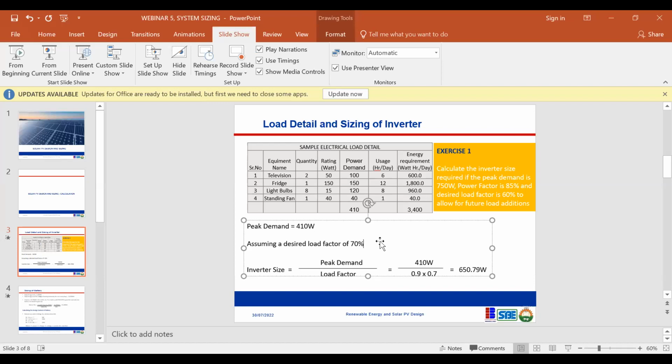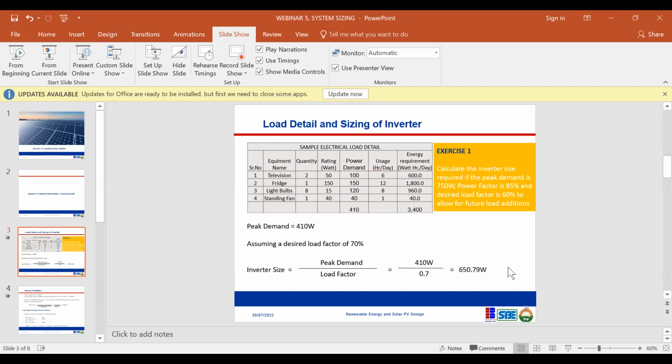So that's the reason why we have to introduce load factor. In our design, we are using a load factor of 70%. So this peak demand, we divide by the load factor. If you divide by the load factor, some of the calculations are going to change. So let us divide 410 by 0.7.